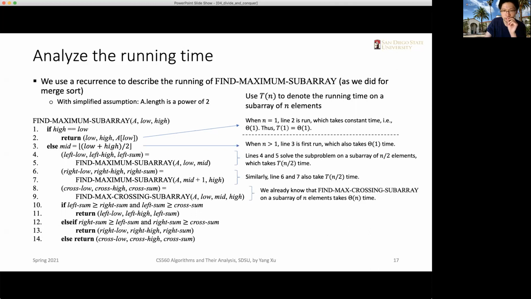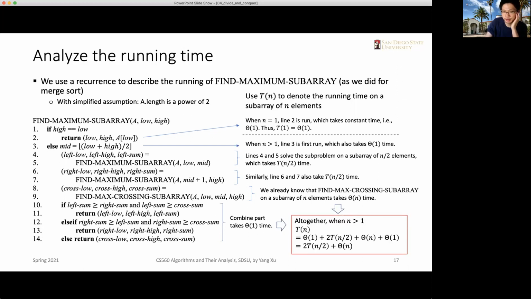We also need to consider the cost of the non-recursive case, the third case, which takes linear time, as we already know from analyzing its efficiency. The combining is also easy and doesn't cost a lot. So altogether, we can write the recurrence in this form.